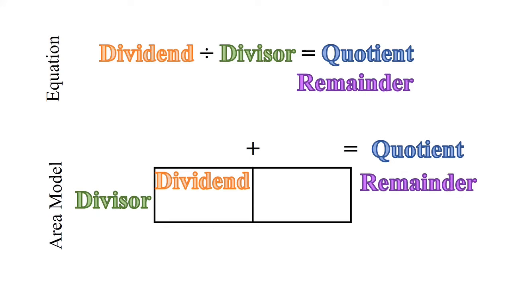Now, area model is considered a newer form of doing math, but one of the benefits of doing area model division is that instead of looking at the individual numbers, you look at the dividend as an entire number, and you ask how many times can the divisor go into that entire dividend.